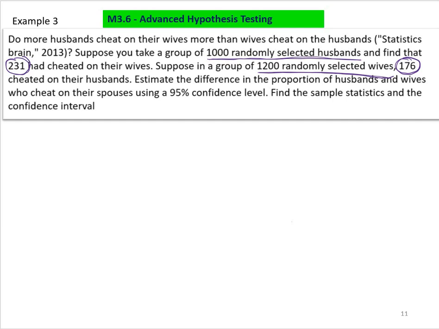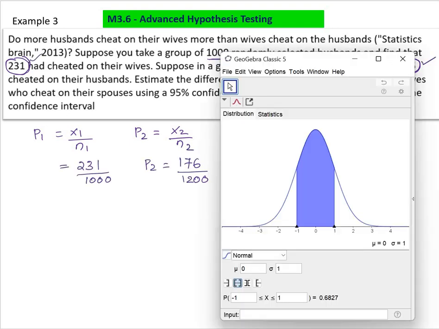That we want to find, and find the sample statistics and the confidence interval. Okay, so let us take the first one. First one is, say, let us call it P1. P1 is equal to x1 over n1, and P2 equal to x2 over n2.